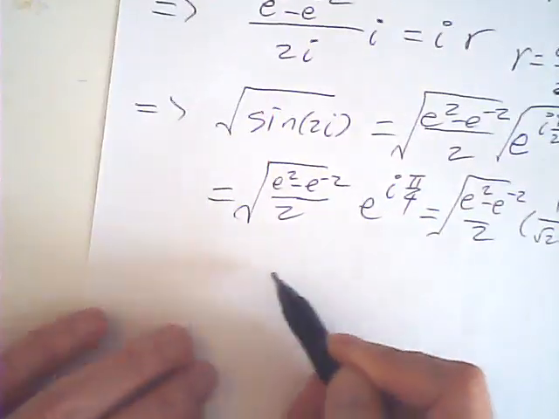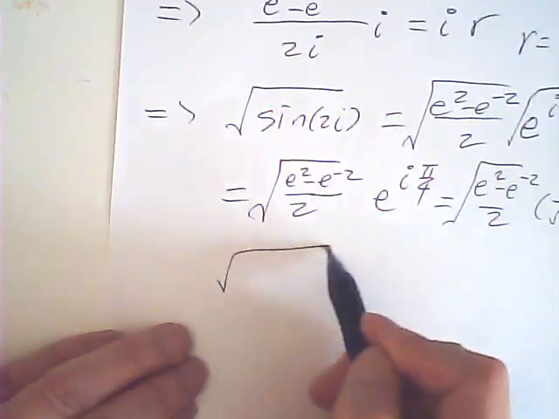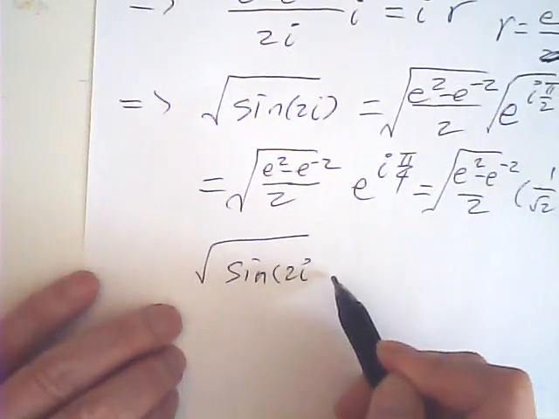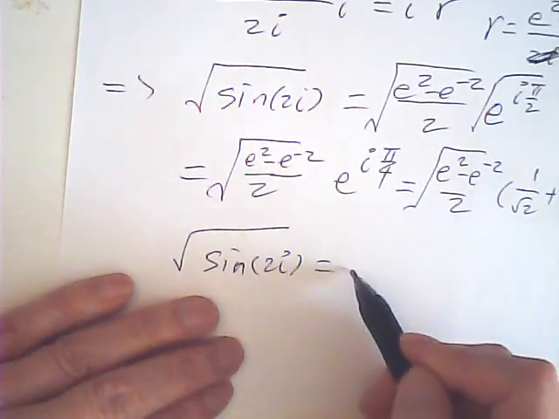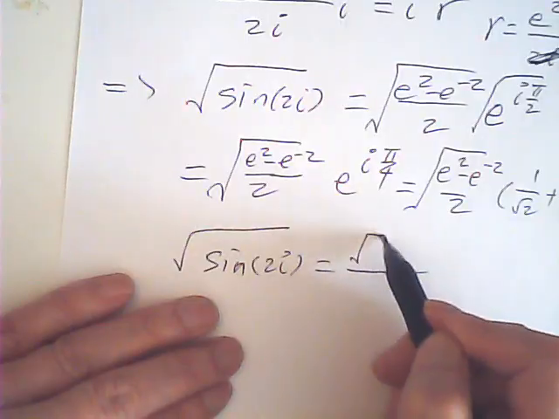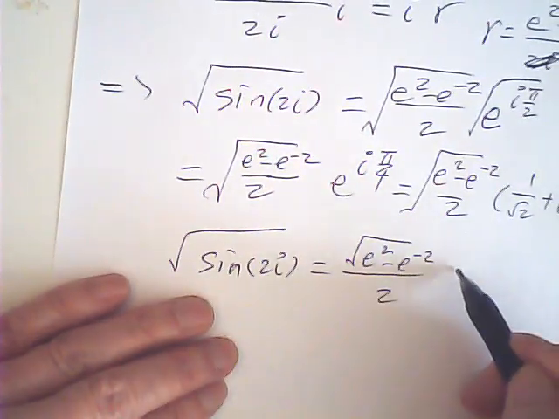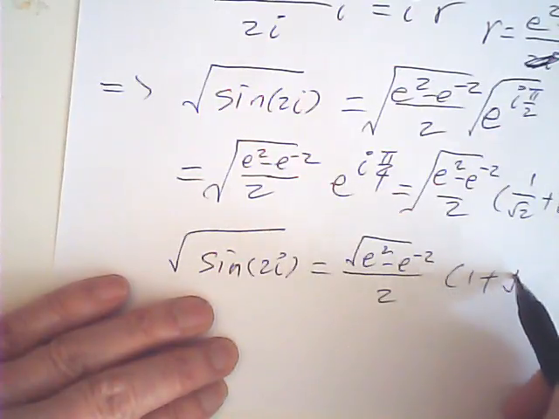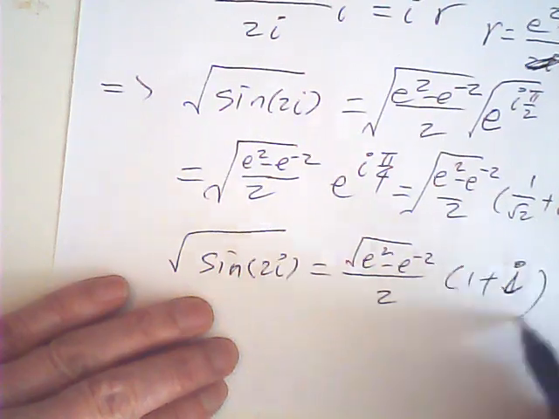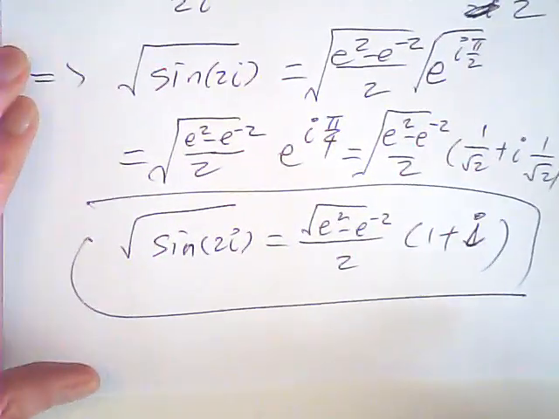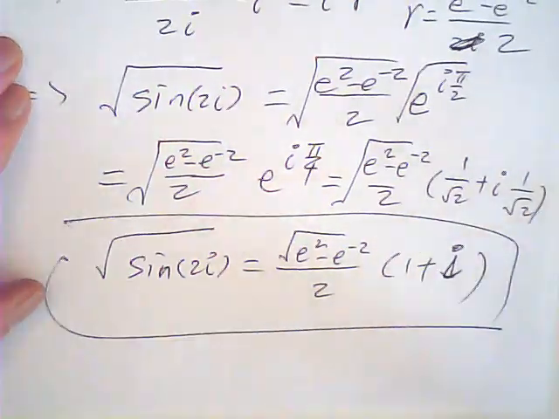So finally, we get the answer: the square root of sine 2i is equal to square root of e squared minus e to the negative 2 over 2, times 1 plus i. Yeah, we get the same answer. Thank you.